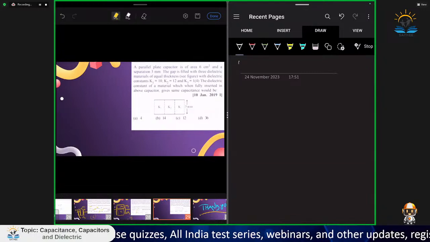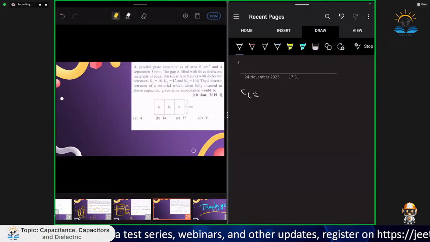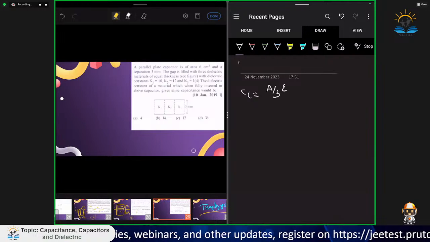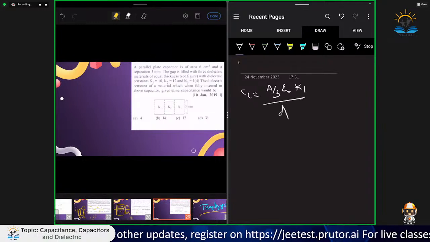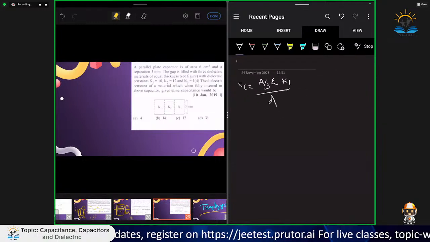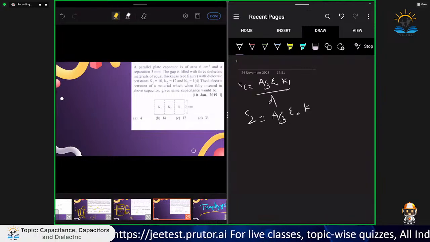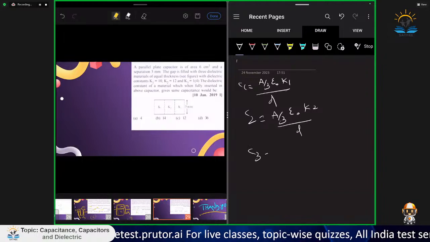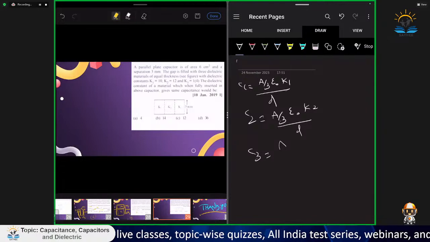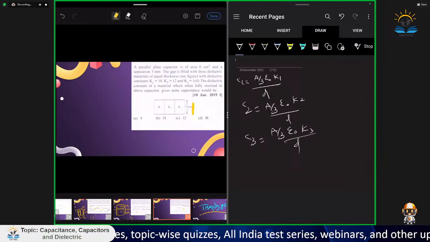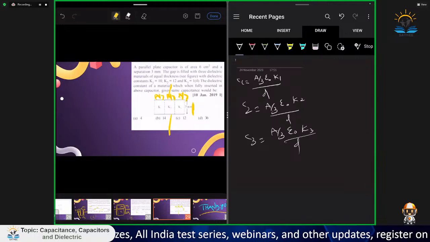So C1 will be A by 3 epsilon K1 divided by D. D is the same for the 3 capacitors. C2 will be A by 3 epsilon K2 upon D, and C3 will be A by 3 epsilon K3 upon D. This is a parallel connection, right?